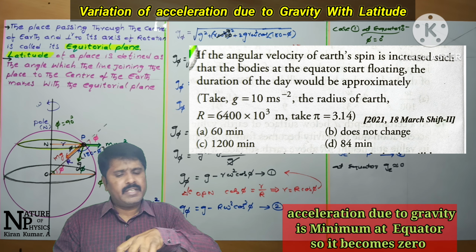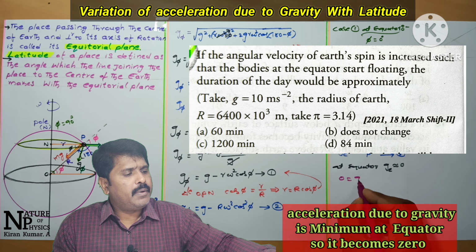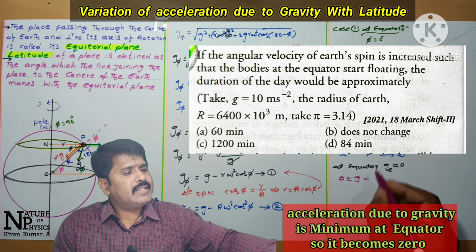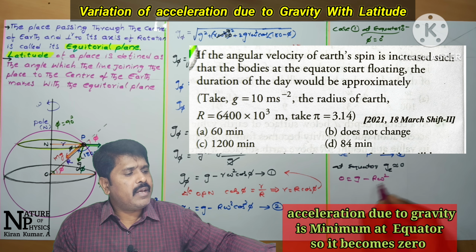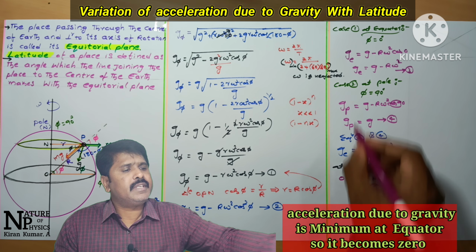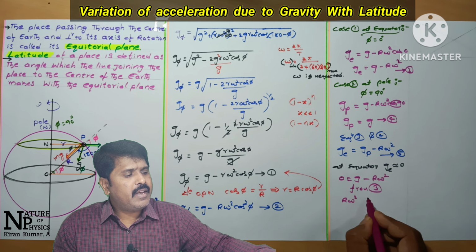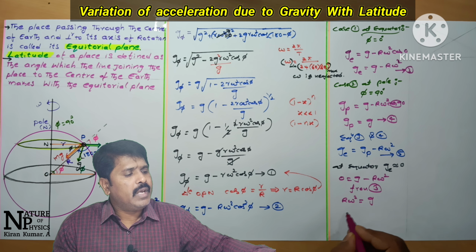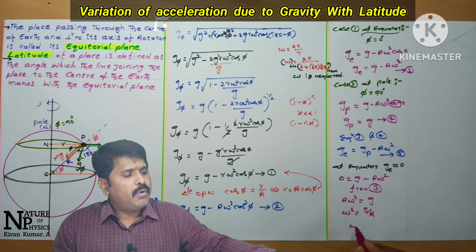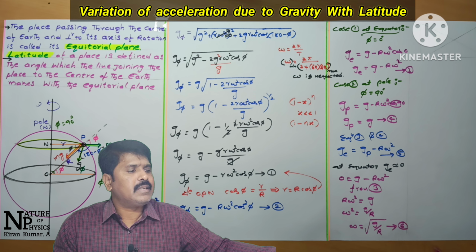So replacing the value, we get 0 is equal to g minus R omega square. This I wrote from equation number 3 student, the equator condition, case 1. So R omega square is equal to g, omega square is equal to g divided by R, and omega is equal to root over g divided by R. This I can write as equation number 6.